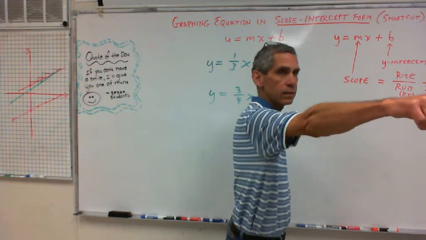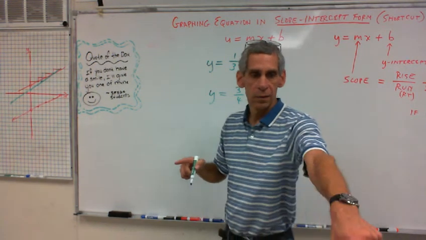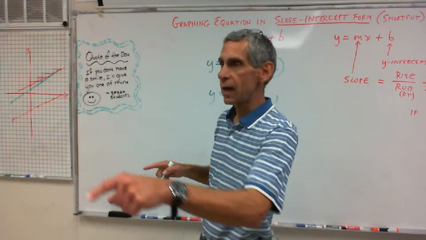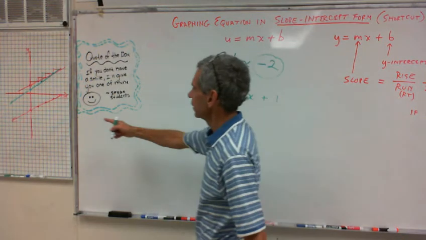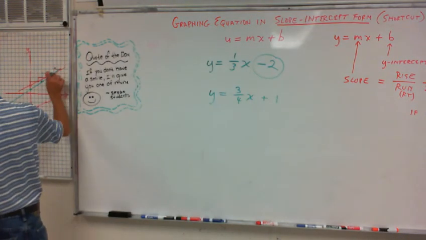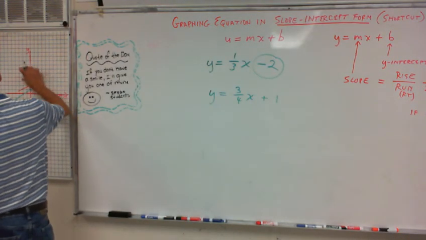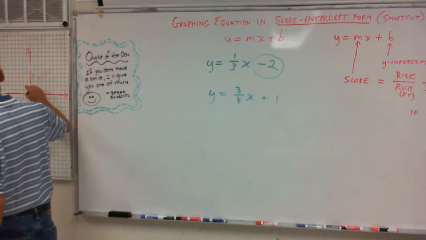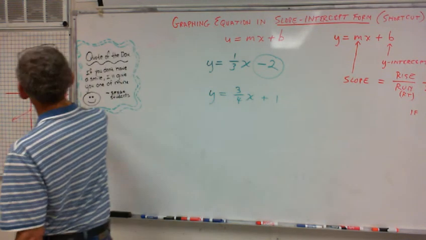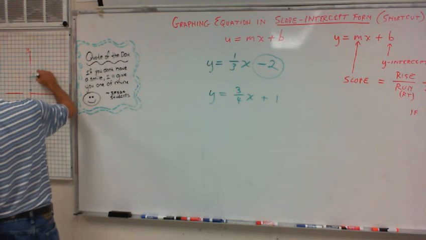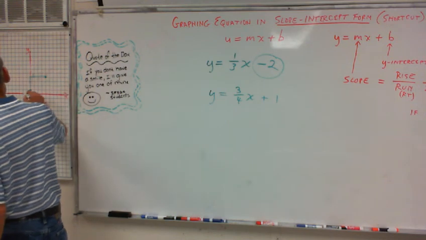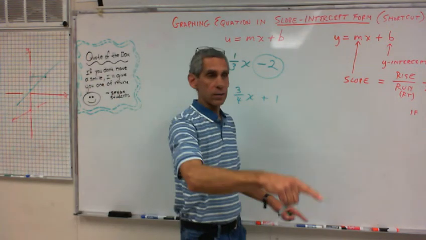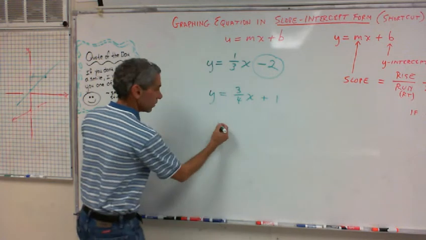Rise 1, put a dot. And then you rise 3 and run 4. Put a dot. Draw your line. Okay, go to the next one.